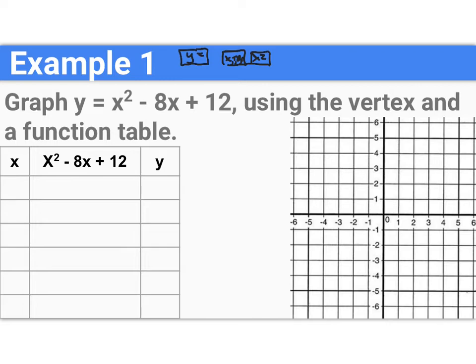Then you want to hit the minus symbol, the subtract symbol. Hit that button, not the negative, but the subtract symbol. Type 8. Again, you're going to hit x, t, theta, n. And then the plus button. And then 12. 1, 2.